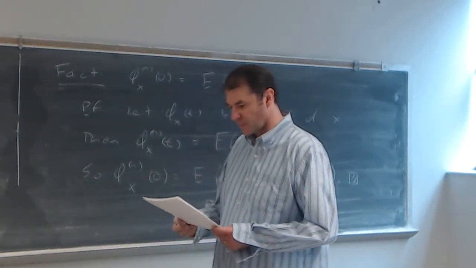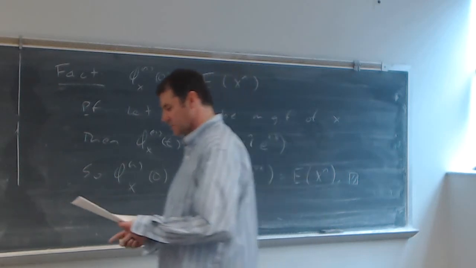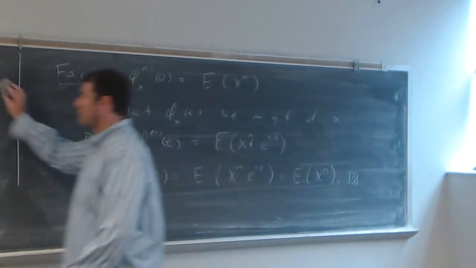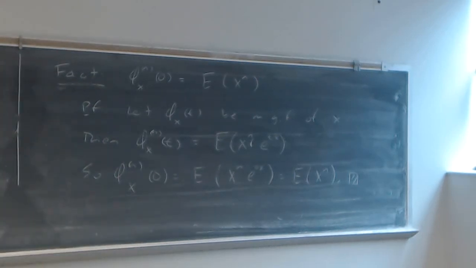Okay. All right. I'd like to look at some examples where we compute the moment generating function for specific types of random variables.